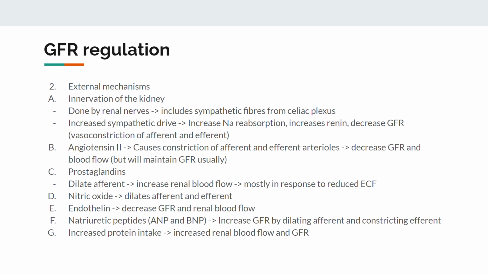And you've got your natriuretic peptides, so this is ANP and BNP. ANP is released in response to atrial stretch, and BNP is released by the ventricles. This is going to increase GFR by dilating the afferent and constricting the efferent. Just a fun fact, increased protein will actually increase renal blood flow and GFR.